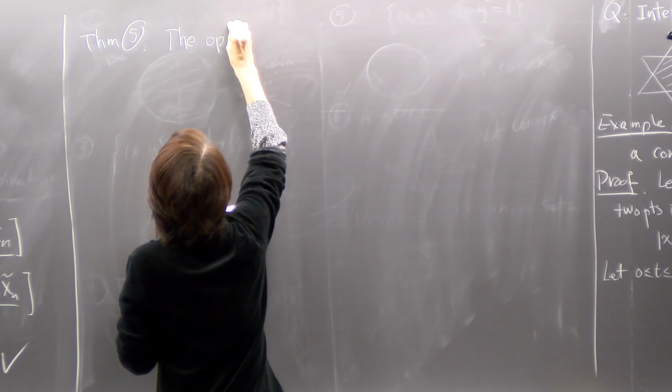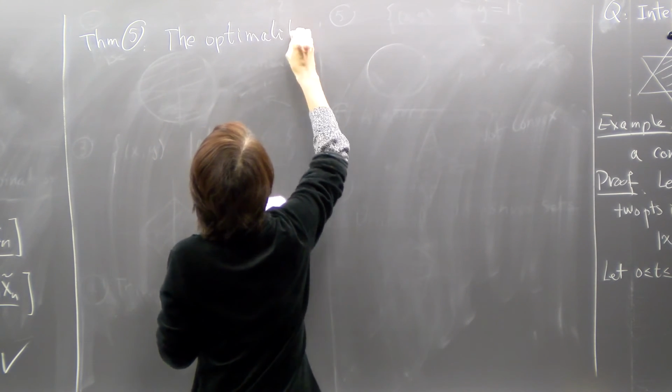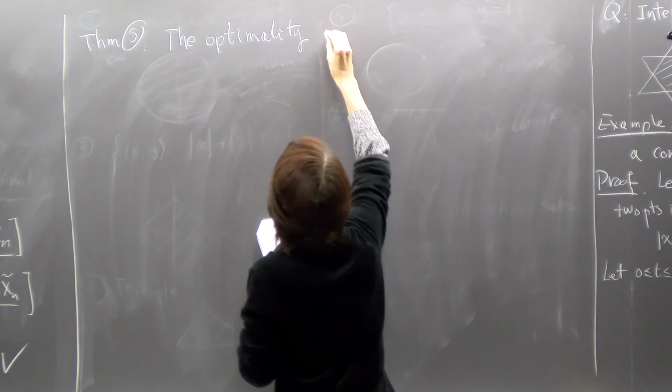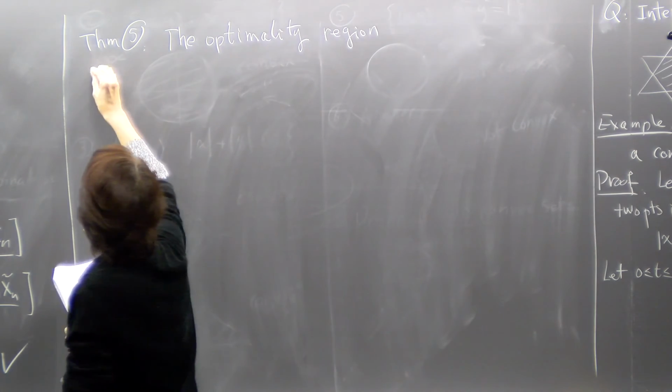So we have a name. These are called the optimality region. Okay, so let me explain what that means.